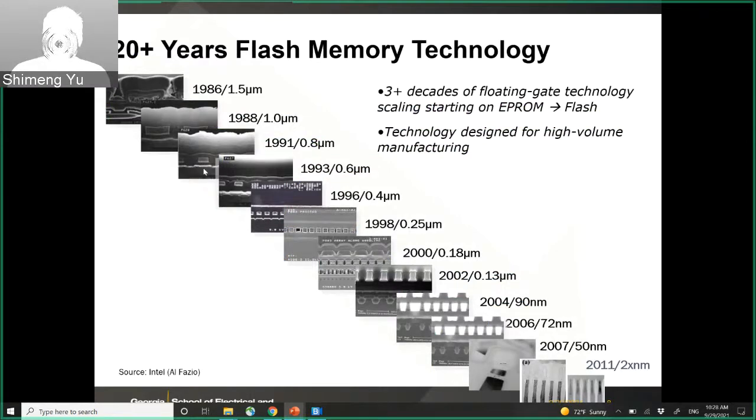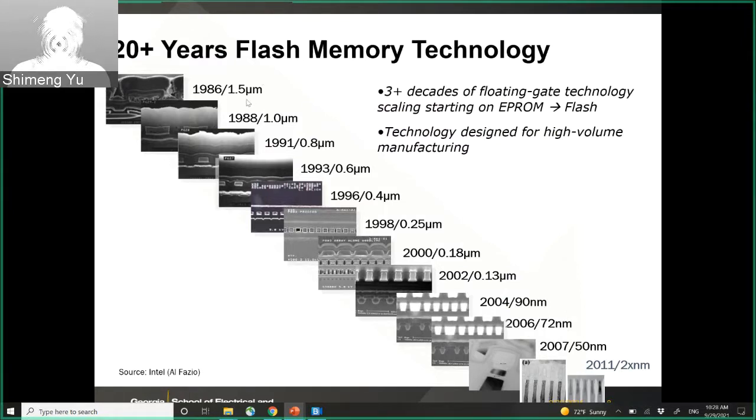So this is from 1986, the first generation of the flash. And then this is 2011. This is 25 years of flash memory technology scaling in terms of the feature size. As we discussed before, the standalone DRAM and the flash memory are honest about the feature size.